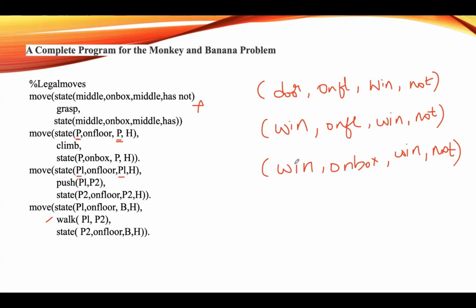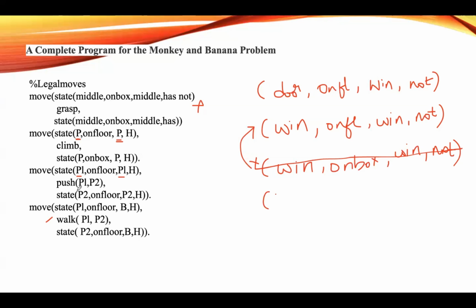So we'll backtrack, and instead of applying this second move in this case, we'll apply the third move. So we don't consider this case. So just eliminate this. So here monkey is at the window.